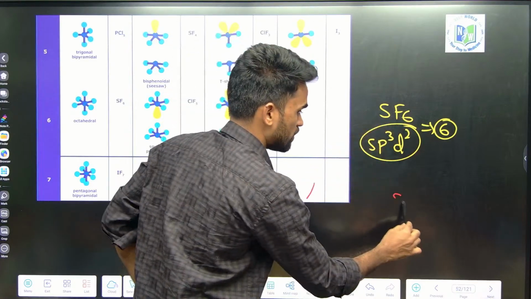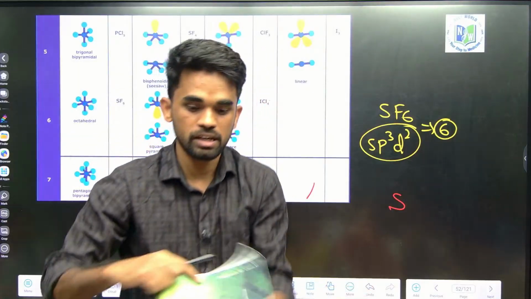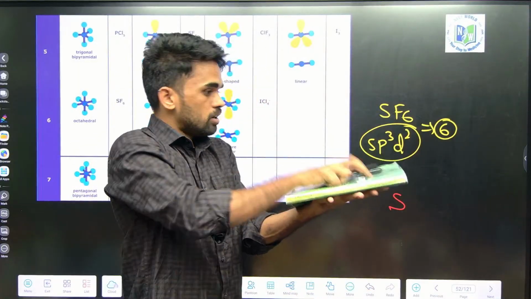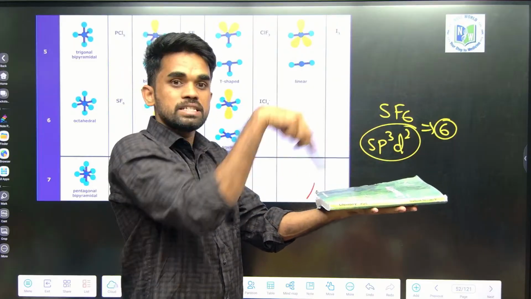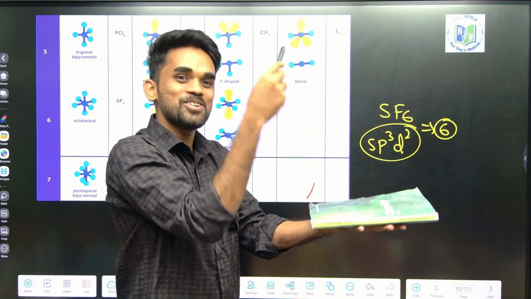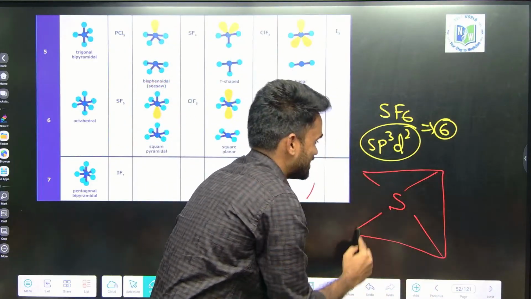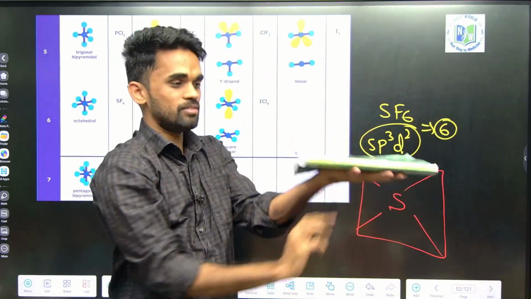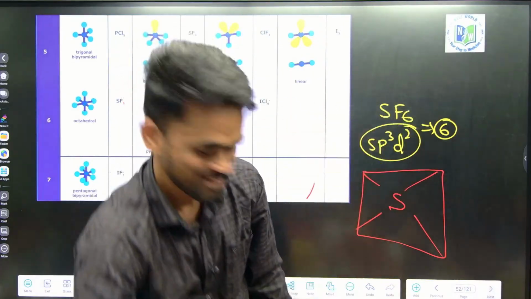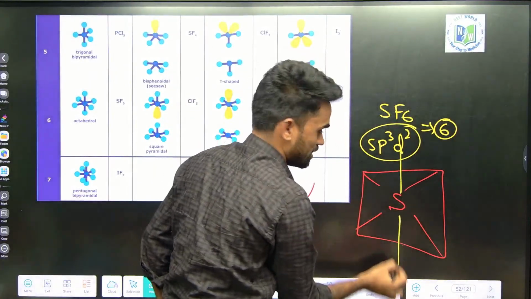Okay, you put sulfur in the middle. Like you take your book, if this is a book, on each corner of this book you put 4 fluorines, like this. Now one put above, one below, like this and like this.